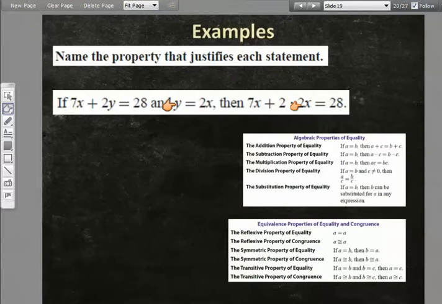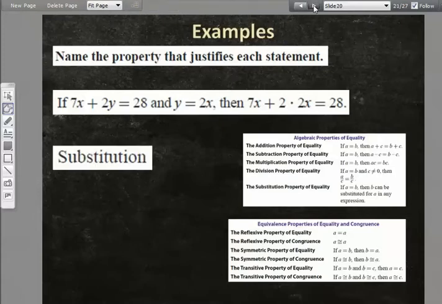Aren't they replacing the y with the 2x? So you look down through here and think, which one of these fits that best? And as you're looking, you see the word substitution. It says if a equals b, then b can be substituted for a in any expression. So they're saying y equals 2x, so 2x can be substituted for y. So this is going to be the substitution property of equality.